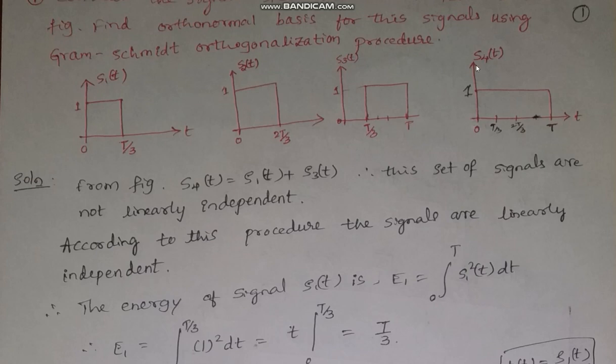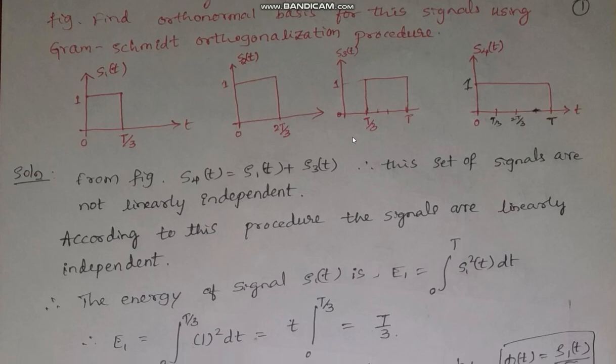Here M is equal to 4, given signals are 4, but we are going to find the orthonormal basis functions, which will be now 3. N is equal to 3. As we know the rule, N is less than or equal to M. Okay, that is satisfied over here.